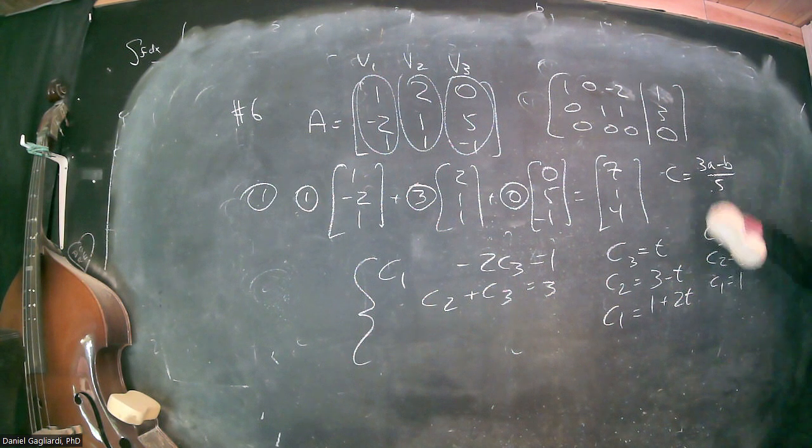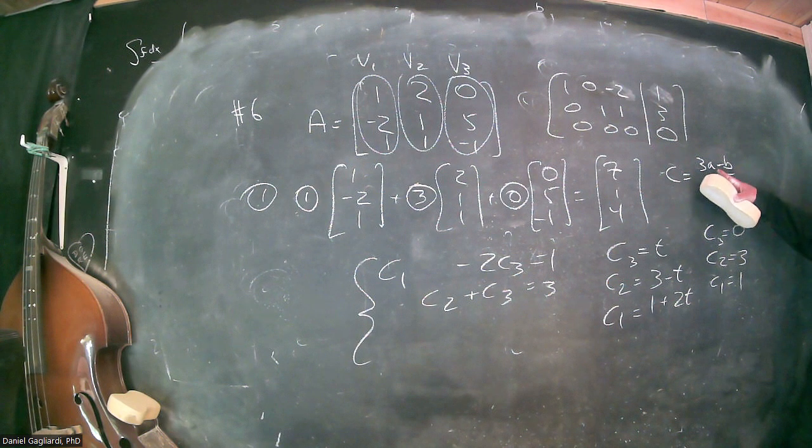Another choice would be, let's see, how can we make this a multiple of 5? If A is equal to 8, 9, no. Yeah, I guess if A is equal to 9, then we have 27, and B is equal to 2, right? We have 27 minus 2 over 5, then C can be equal to 5, right?